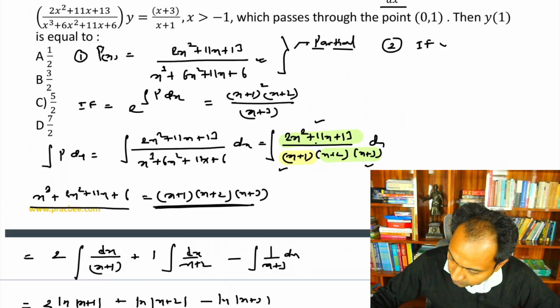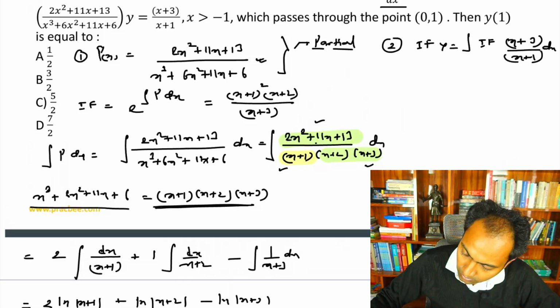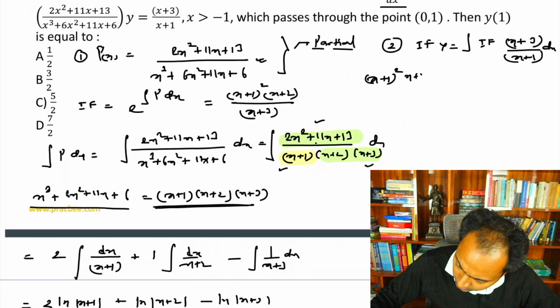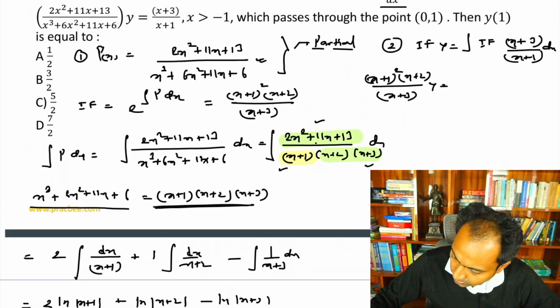So integrating factor into y is nothing but integrating factor into q, that in this case is (x plus 3) by (x plus 1). If I write integrating factor on the left hand side, this becomes (x plus 1) whole square into (x plus 2) by (x plus 3) into y, and on the right hand side, you can see that x plus 3 and x plus 1 will get cancelled out.